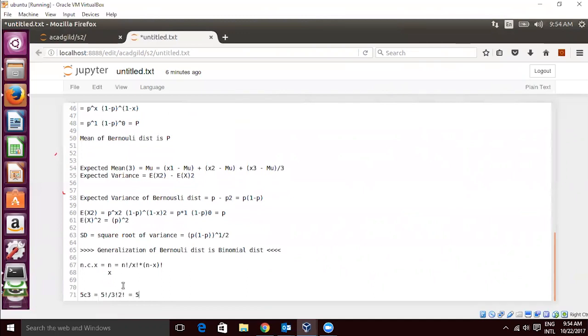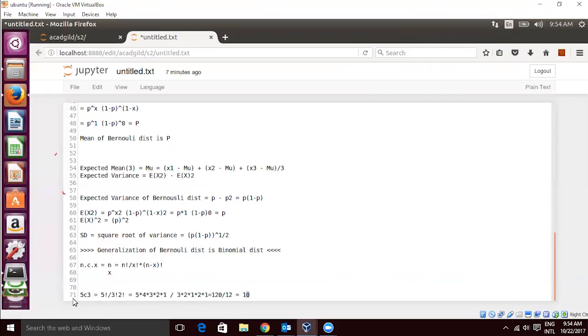So 5 into 4 into 3 into 2 into 1 divided by 3 into 2 into 1, into 2 into 1. Now 5 into 4 is 20, 20 into 3 is 60, 60 into 2 is 120, divided by 3 into 2 which is 6, and 6 into 2 which is 12. So now the answer is 10.